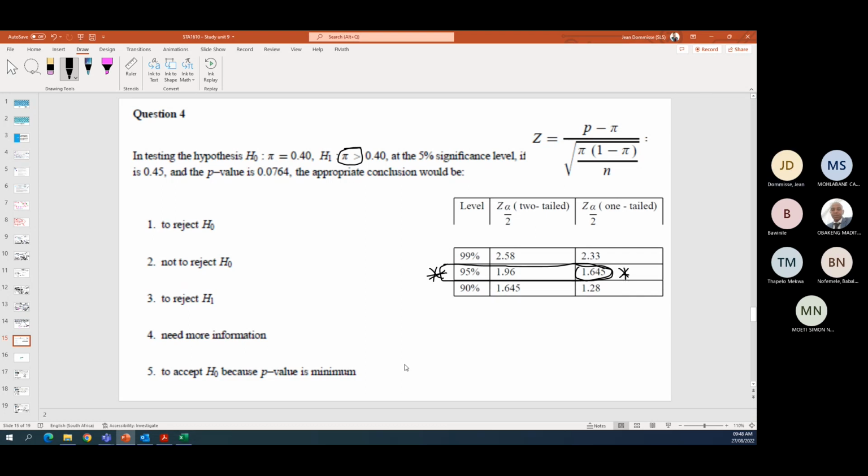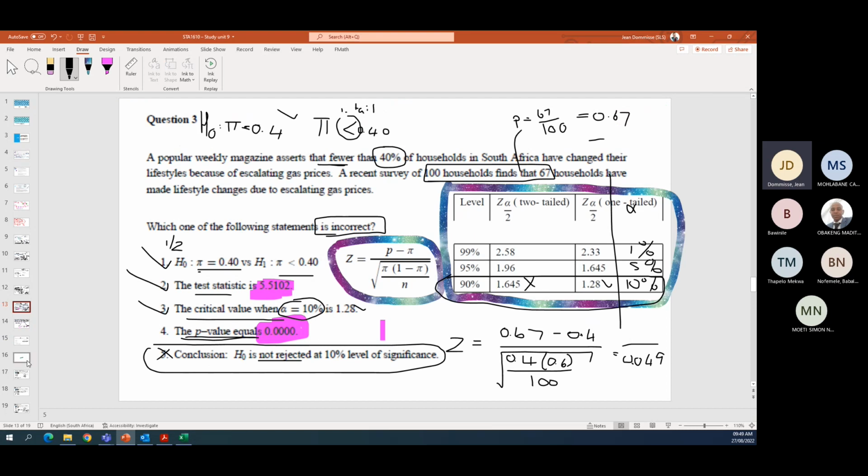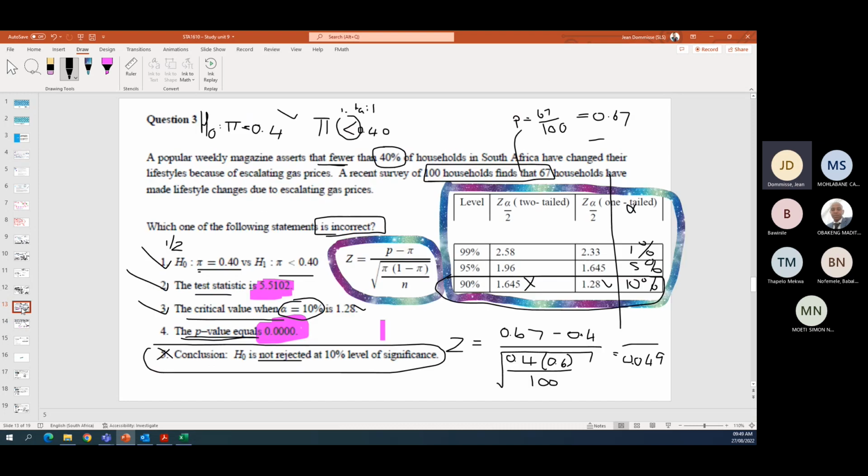So if we use this example, my critical value is equal to 1.645. Okay, so that's my critical value.